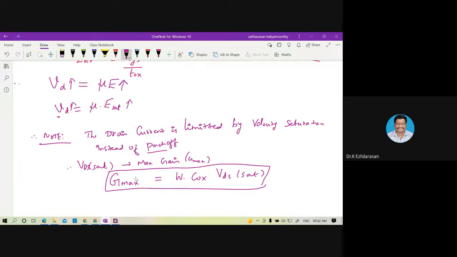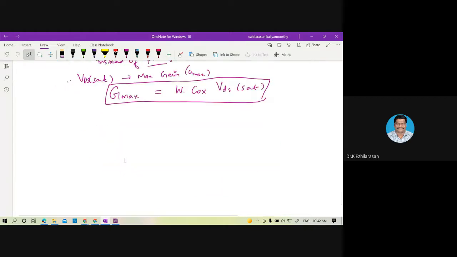Now from this, one thing we need to know is how much the electron velocity will be. You may ask how it will be for the long channel effect and the short channel effect, and what about the current also. So let me show some graphs.